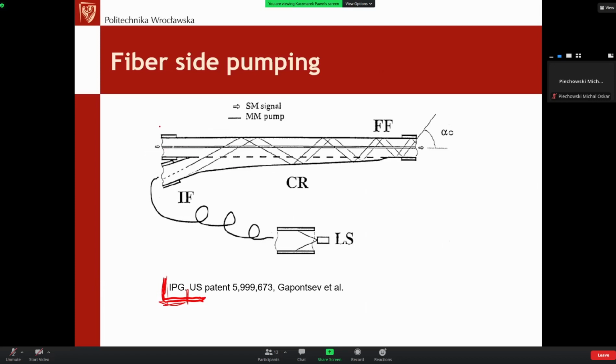And after this patent appeared, they found the IPG solution for such a technical issue. They have a long double clad active fiber, and they add such a side pump structure to this active fiber after every certain distance of the active fiber. So they are able to put a lot of pumping radiation into the active fiber using this approach.